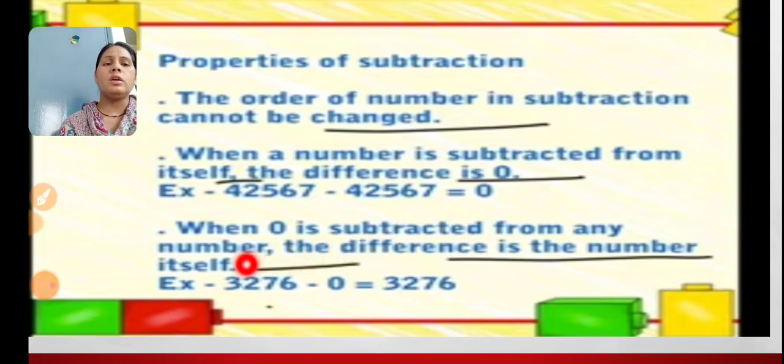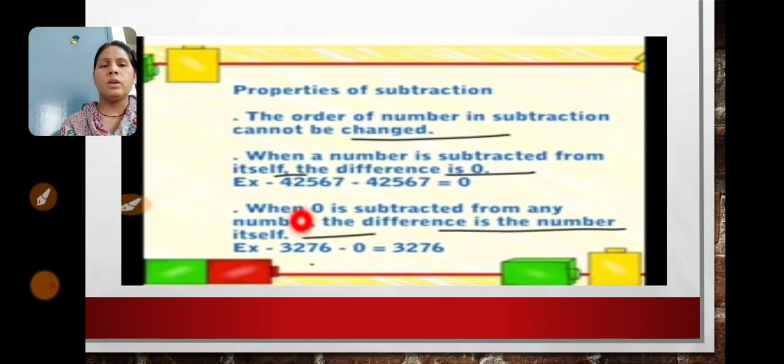Means the number remains unchanged. Let us have a look at the example. This is the number 33,276 minus 0.